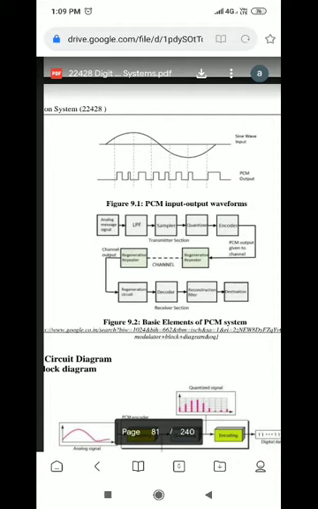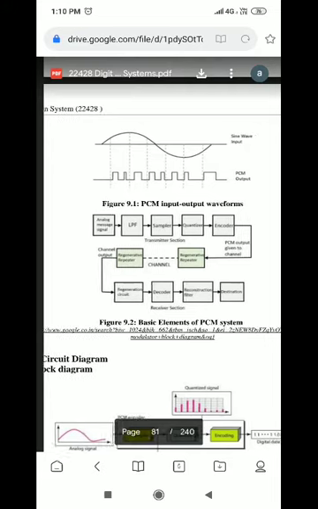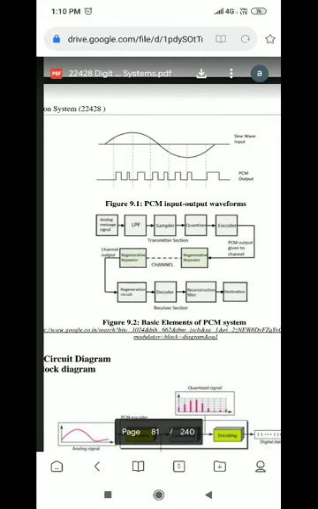The blocks are: first, the analog message signal, then low pass filter, sampler, then quantizer, encoder, then PCM output given to the channel, regenerative repeater, then regenerative repeater going to the channel output, then regenerative circuit, decoder, reconstruction filter and destination.